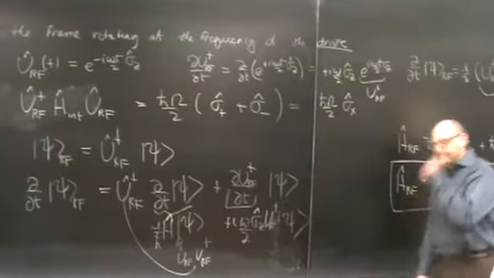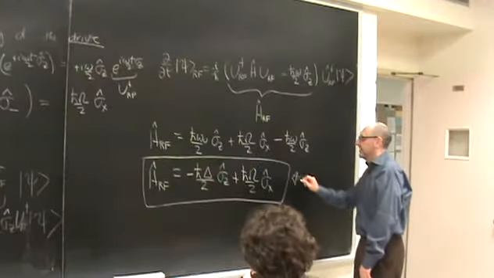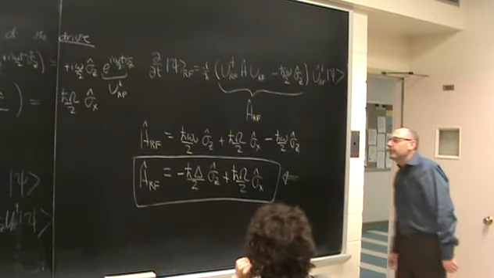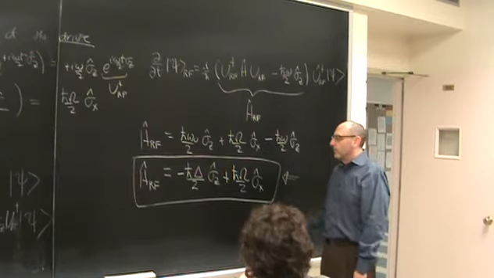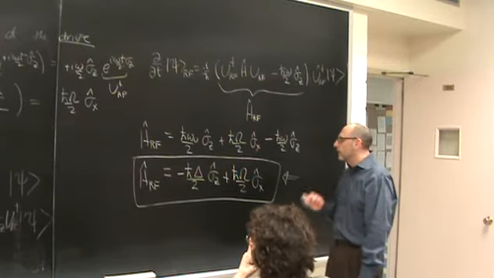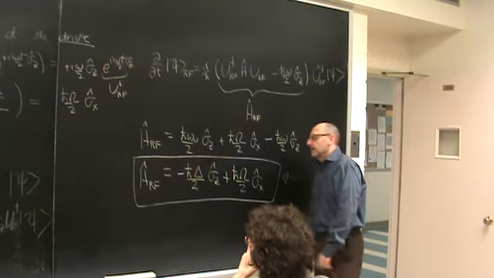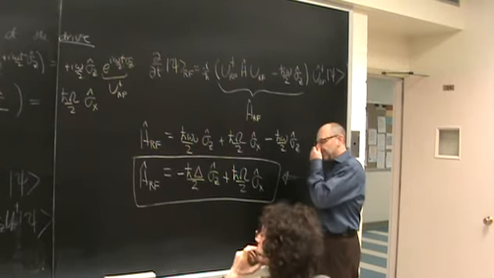So that's what happened. Okay, but modulo those details, this is the key point. In the rotating frame, what we see is the equivalent of a spin that's torquing around these axes.